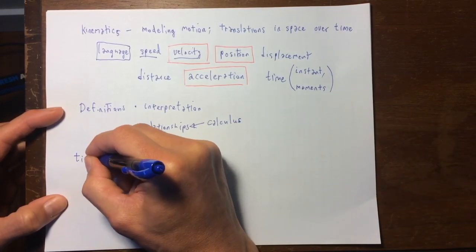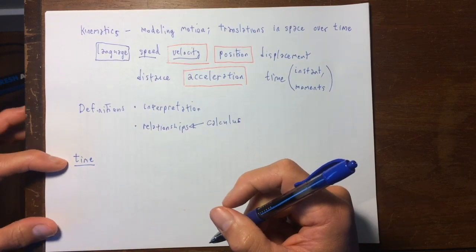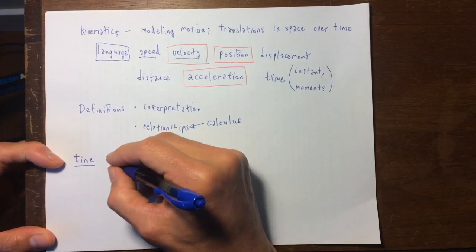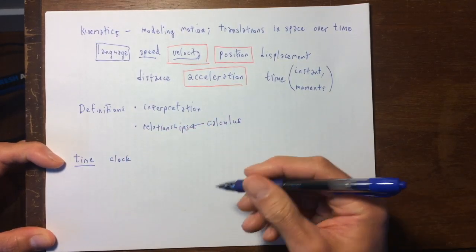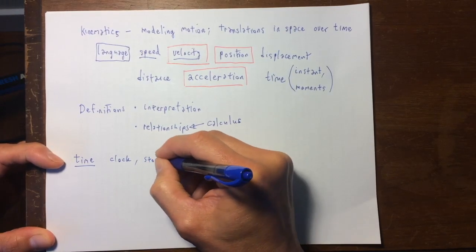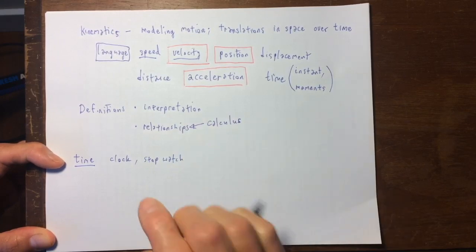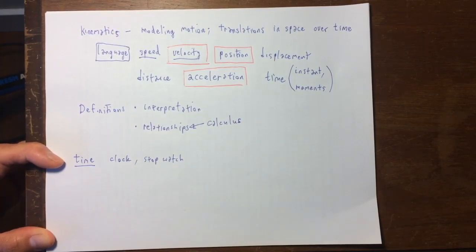The reason, so time obviously is an important issue, and the truth is time is just going to be kept by an imaginary clock, or maybe a stopwatch is a better thing for you to keep in mind when we're talking about time.